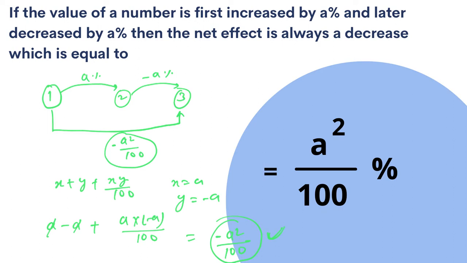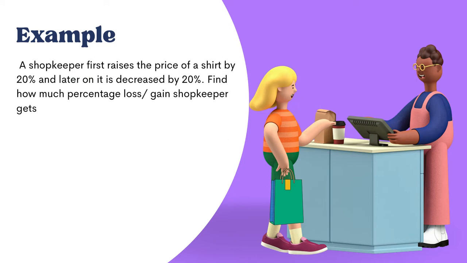Let's take one example on this concept. This example says a shopkeeper first raises the price of a shirt by 20% and later it is decreased by 20%. Find how much percentage loss or gain the shopkeeper gets.